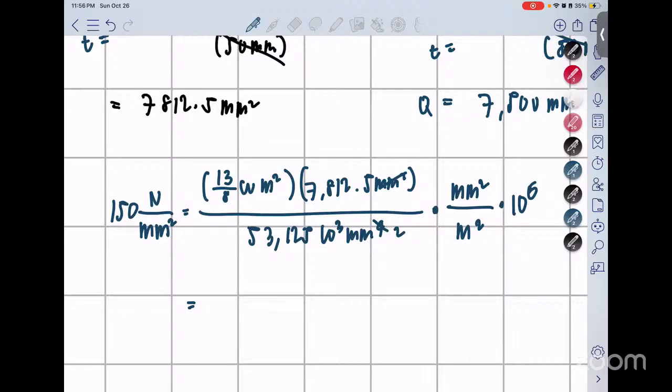So solving for omega, we get 0.627, 6276, mag-around 628 newtons.